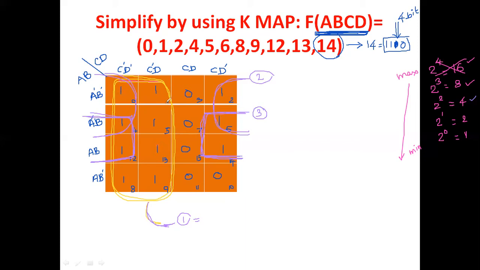For these two columns, C bar is common. Here also C bar is common, but D bar is here, D is here, so D bar is changing to D. So the common variable for this case is C bar. Okay. Similarly, for these two ones, A bar is common since B is changing to B bar.